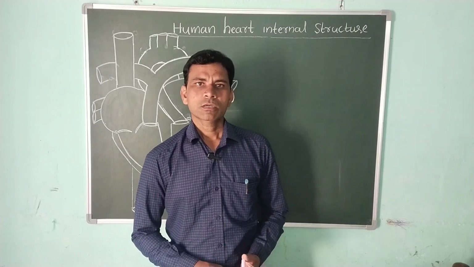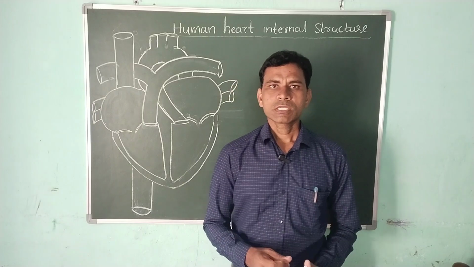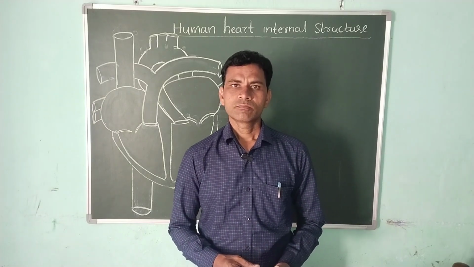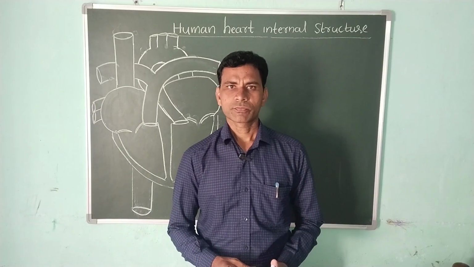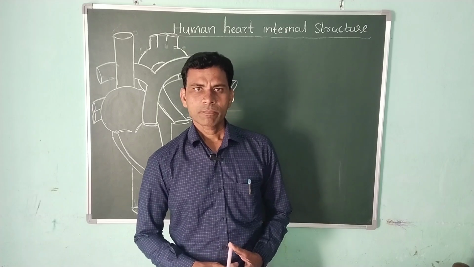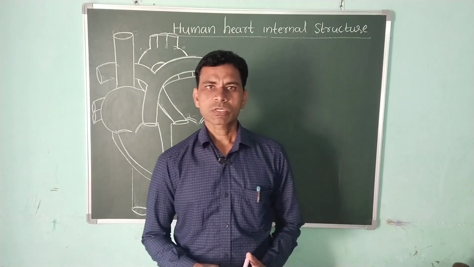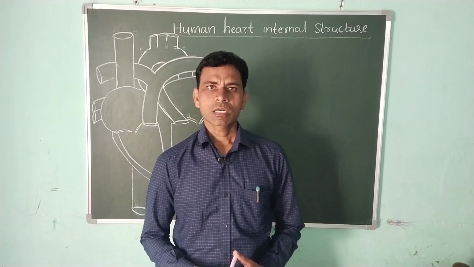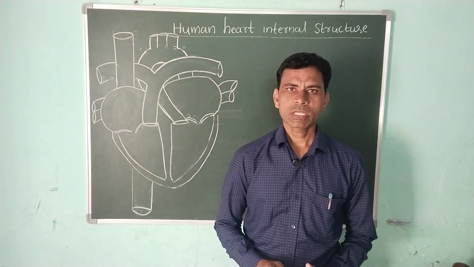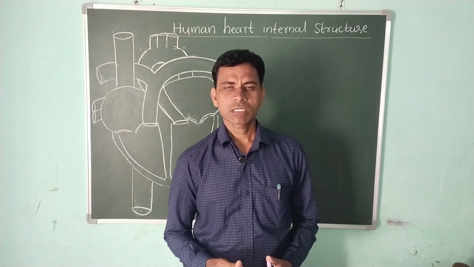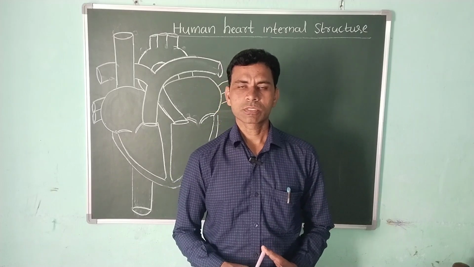Generally, organisms are of two types, unicellular and multicellular. Organisms made up of only one cell are called unicellular, and organisms made up of more than one cell are called multicellular organisms.